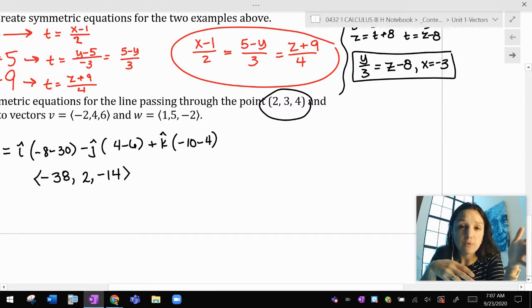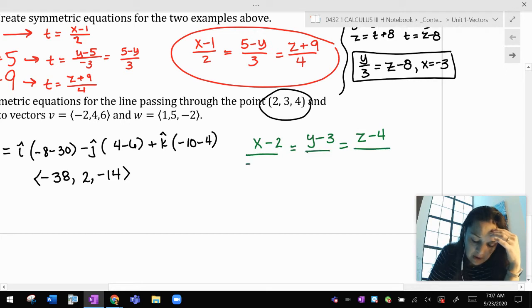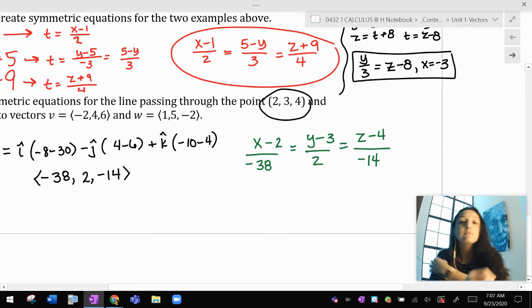In symmetric form, you subtract the point. So symmetric form would be x minus 2, y minus 3, comma, z minus 4, and then my vector goes underneath, negative 38, 2, negative 14. Ta-da! There's equations for a line.